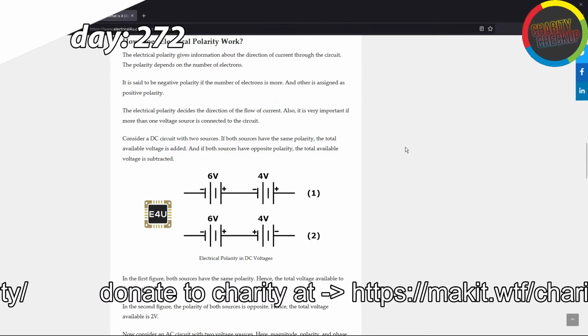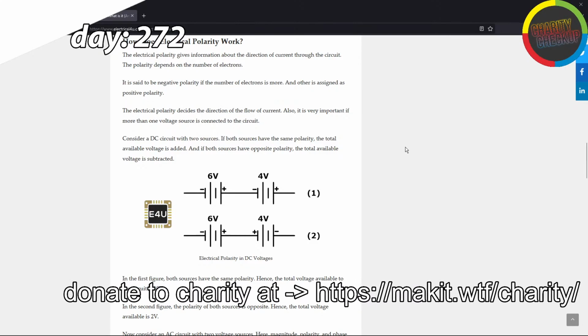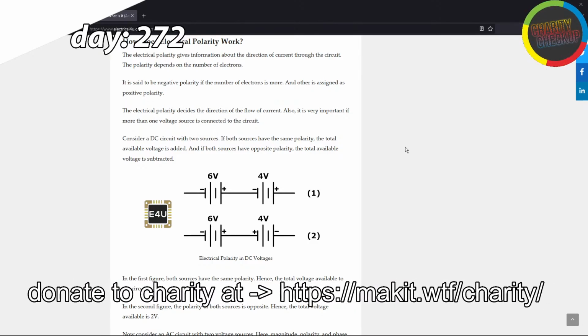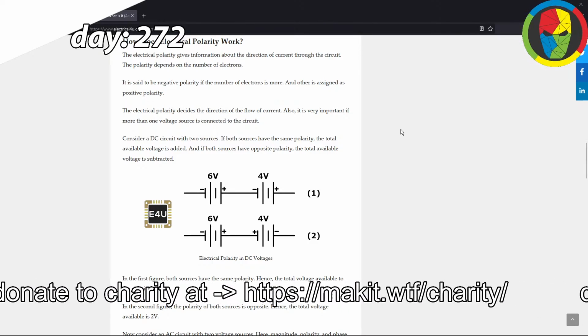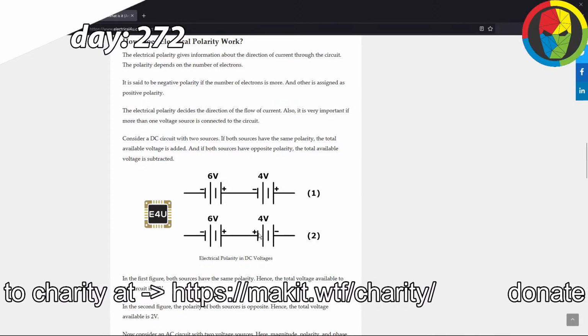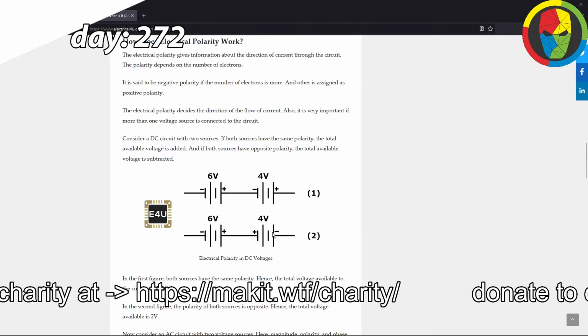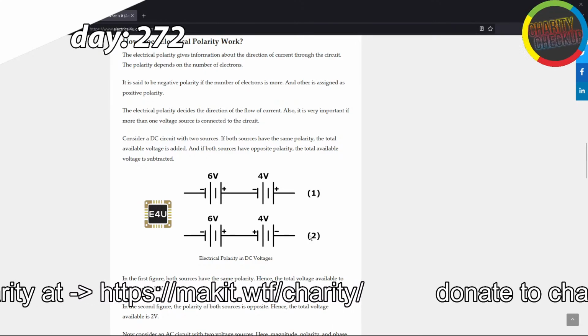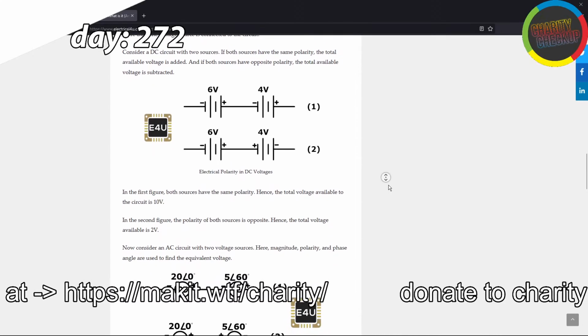If two sources both have the same polarity, shouldn't this be the other way around? Am I crazy? Shouldn't this be rotated?